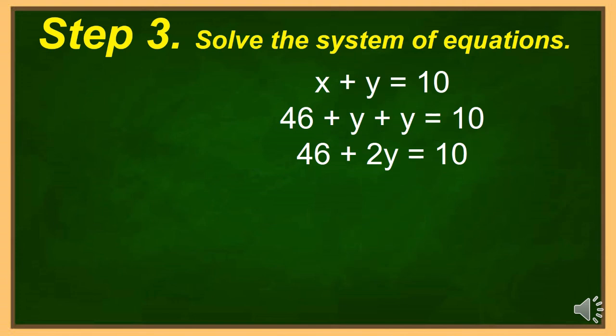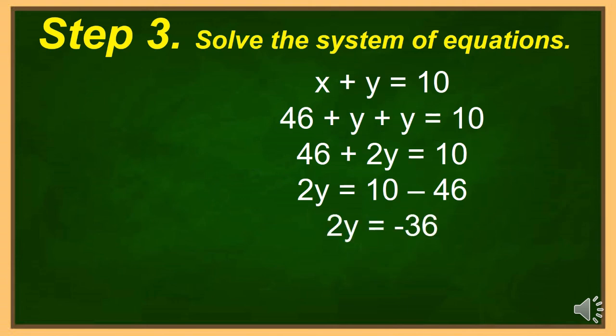Next is to combine the two constants 46 and 10 by transposing 46 to the right side of the equality sign. Our new equation now becomes 2y equals 10 minus 46. Perform the indicated operation. 2y equals 10 minus 46 is negative 36.